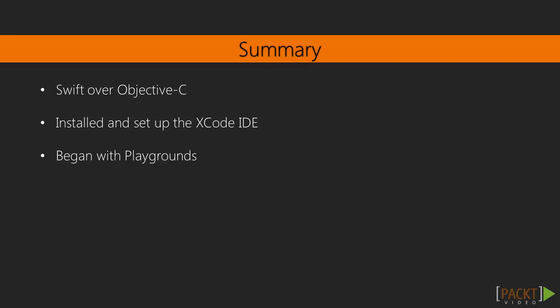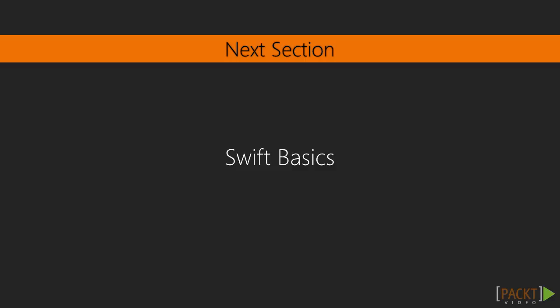Excellent, right? In the next section, we will start with section 2, where we are going to learn the basics of the Swift programming language, such as variables, constants, control flow, conditional statements, functions and closures, the special data type optional, and other interesting topics. See you in the next section. Well done!